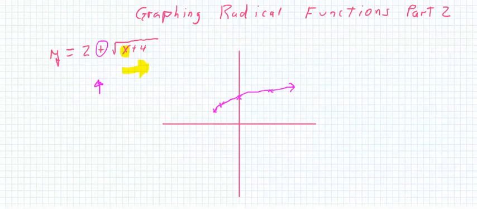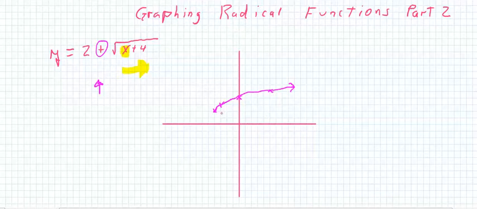The other thing you should have noticed is that from the starting point, we went over 1, up 1, always, or down, depending. The square root of 1 is 1. Over 4, the square root of 4 is 2. Over 9, the square root of 9 is 3. And any guesses?